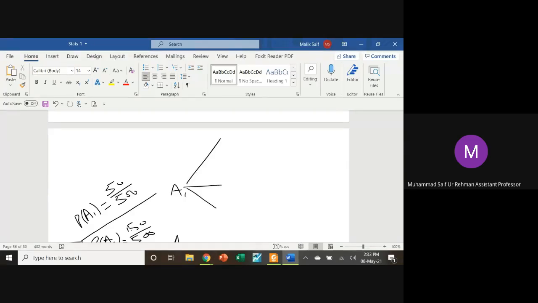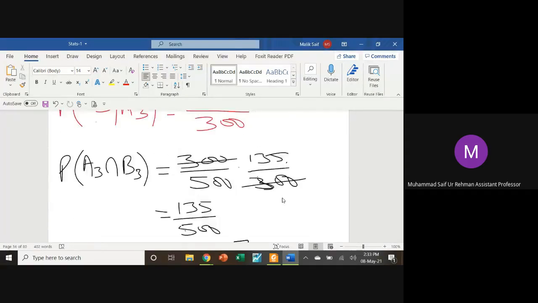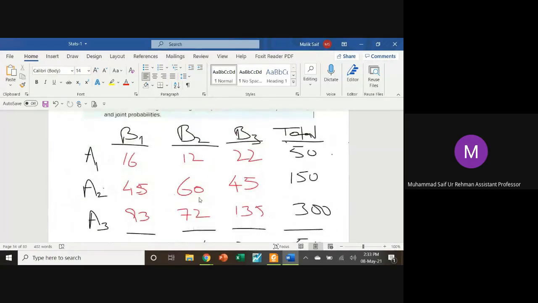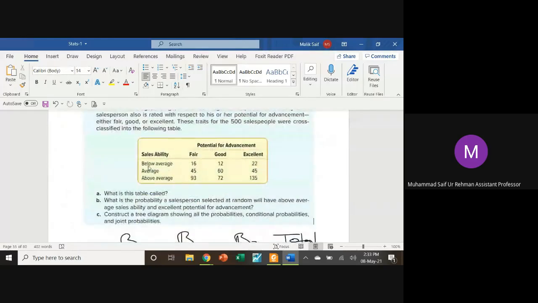The person is below average, and he has fair potential for advancement. Another possibility is that he is below average, but he has good ability for advancement. There is another third possibility. The person is below average, but even then he has excellent potential for advancement in the future.